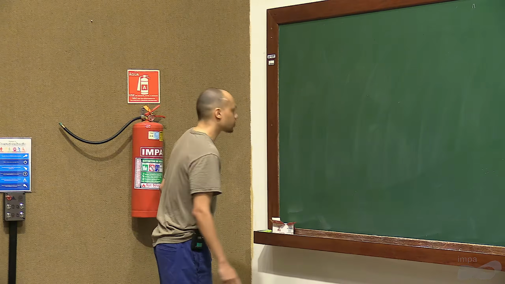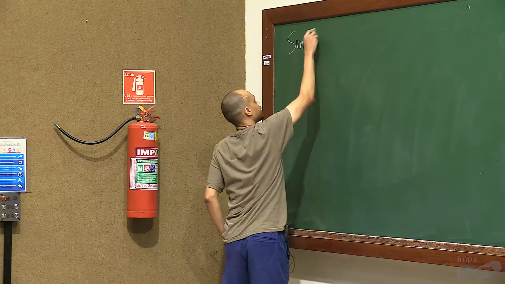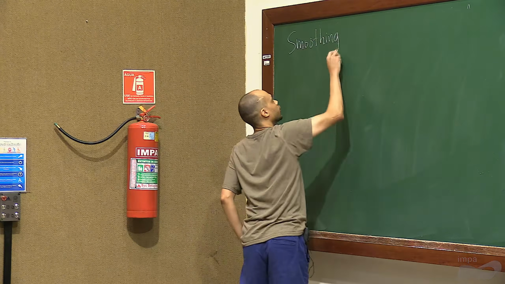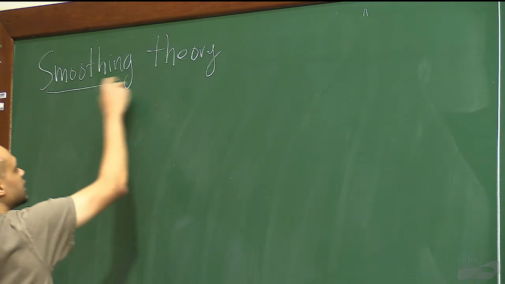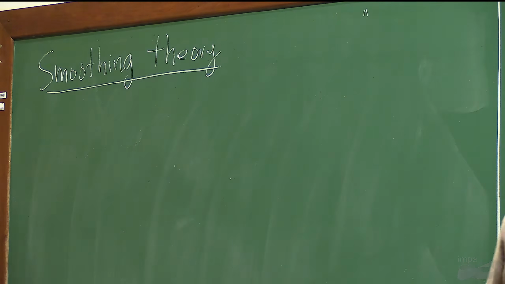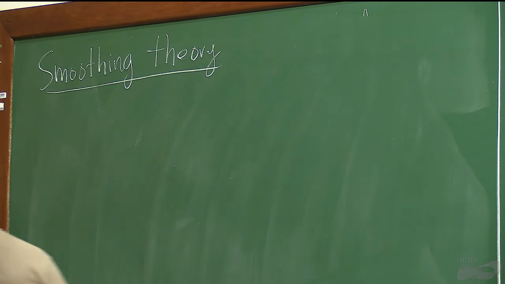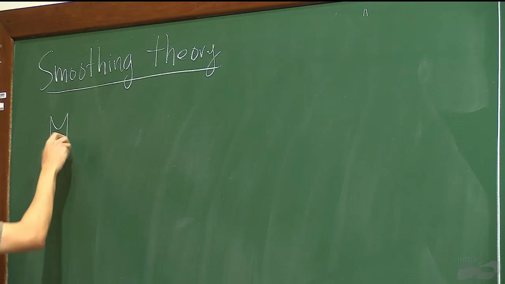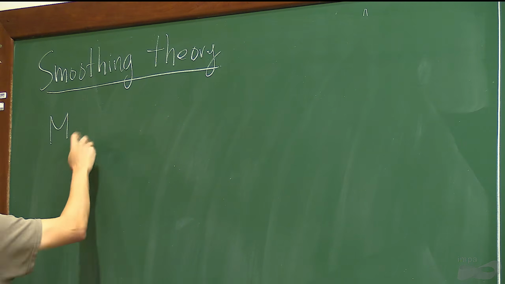Okay, so let's continue. So the second part of today will be about what's called smoothing theory. So the basic and general setup, this won't need to be a hyperbolic manifold for now.